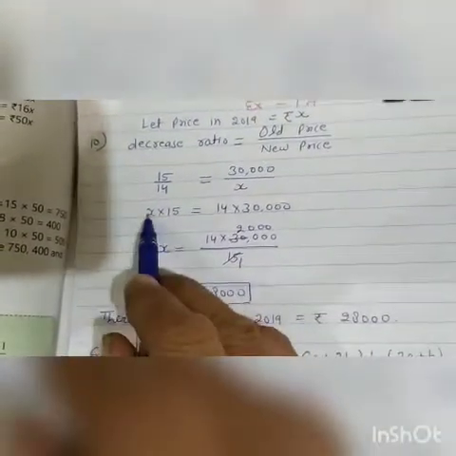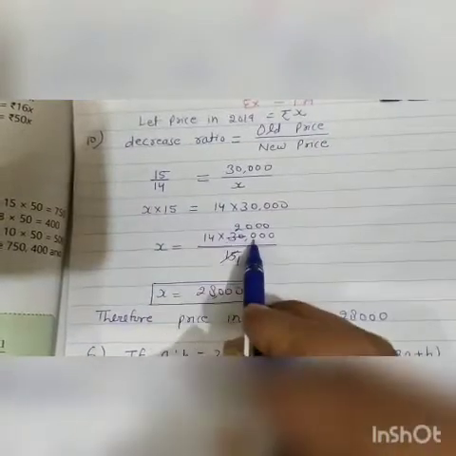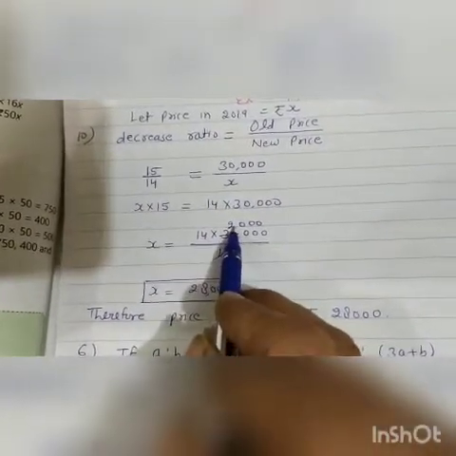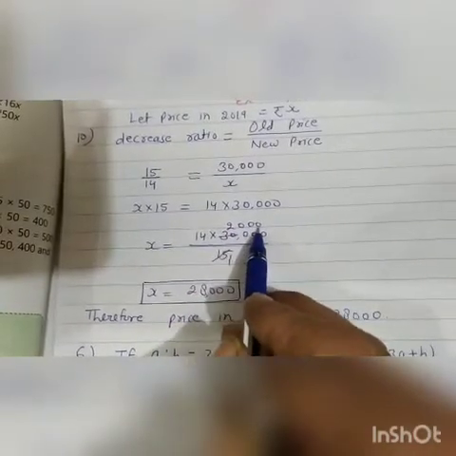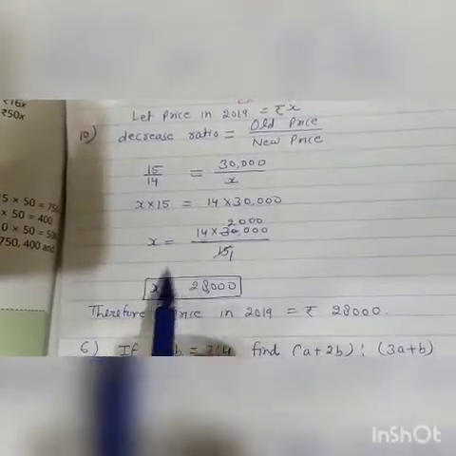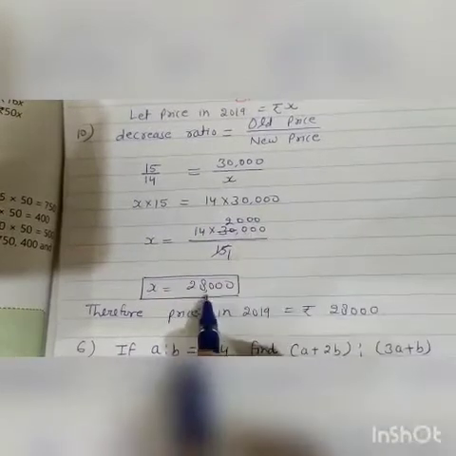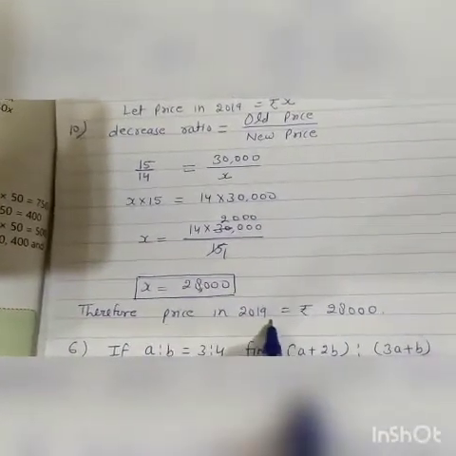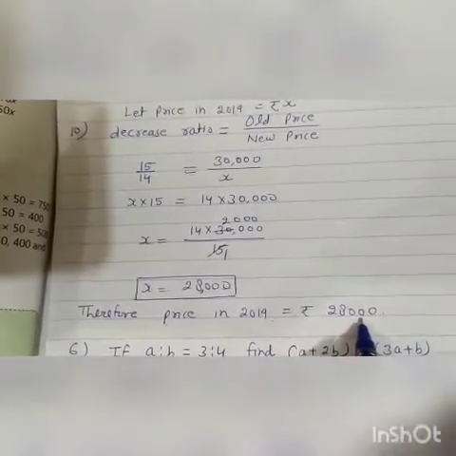Then X is equal to 14 into 30,000 upon 15. 15 ones are 15, 15 twos are 30. Then X is equal to 14 multiplied by 2000, which means 28,000. So the price in 2019 is rupees 28,000.